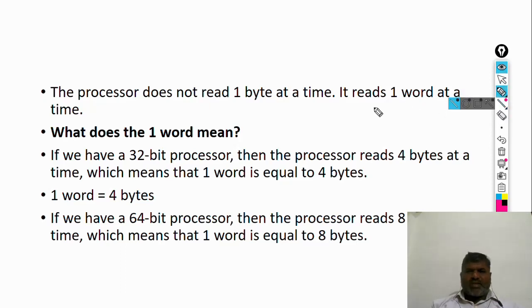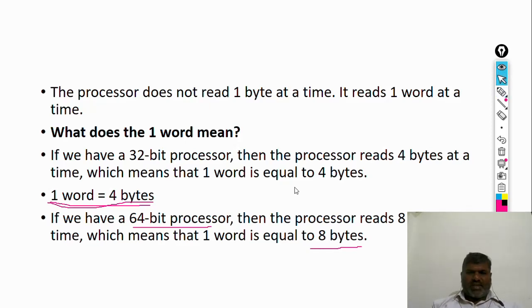If the processor is a 32-bit processor, it will read 4 bytes at a time. And if the processor is a 64-bit processor, it will read 8 bytes at a time. So here the processor is a 32-bit processor. So in the structure memory, at a time it will read 4 bytes.